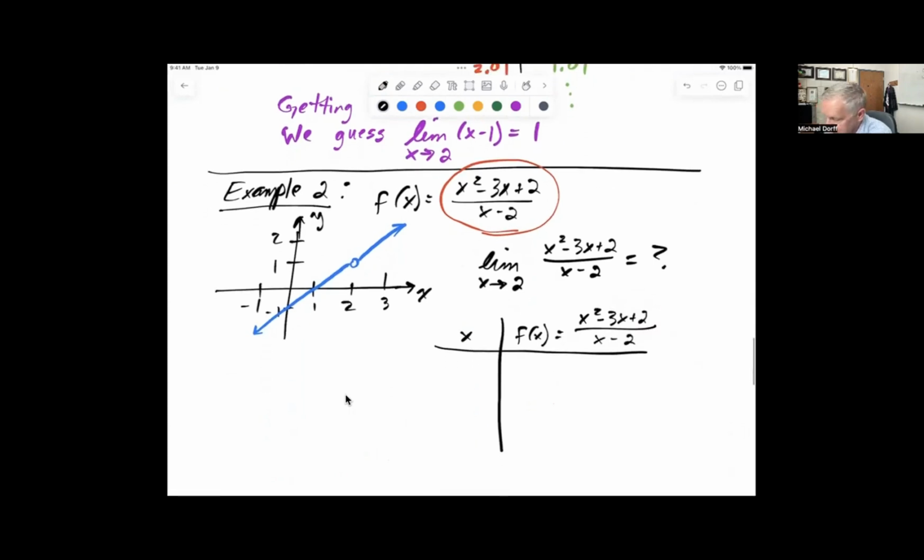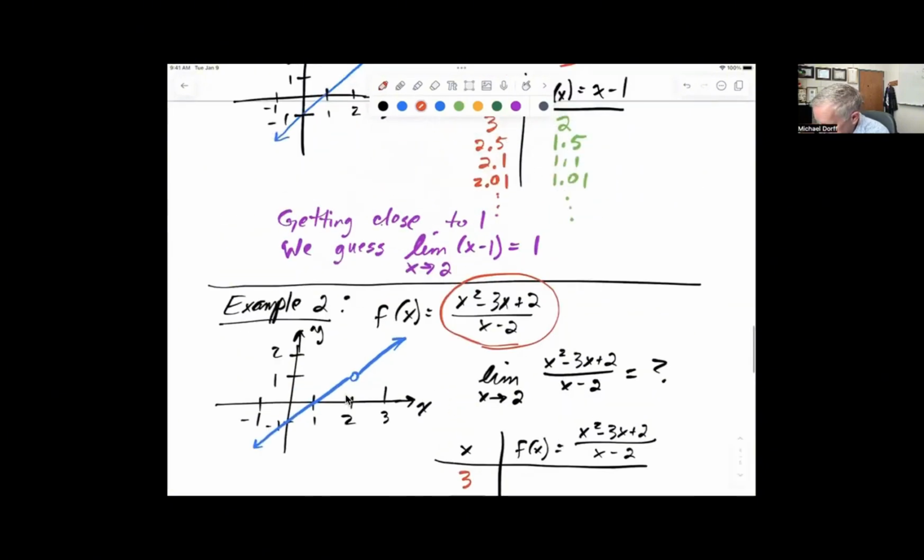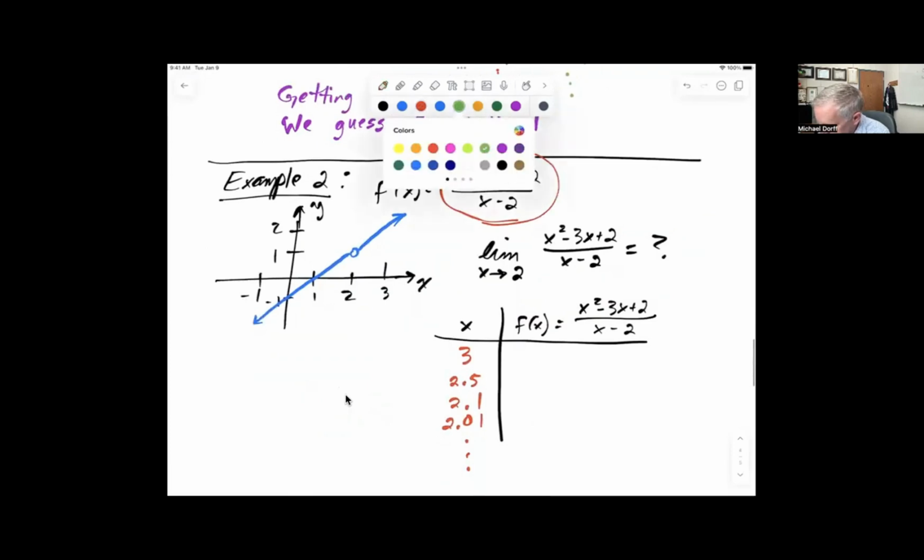I could just use Desmos and compute them out. So I'm going to start with 3, then go to 2.5, 2.1, 2.01, just like we did before. And in computing these, it's consistent. I'm going to use green here. When x is 3, in this case, I'm going to get f of x is 2.